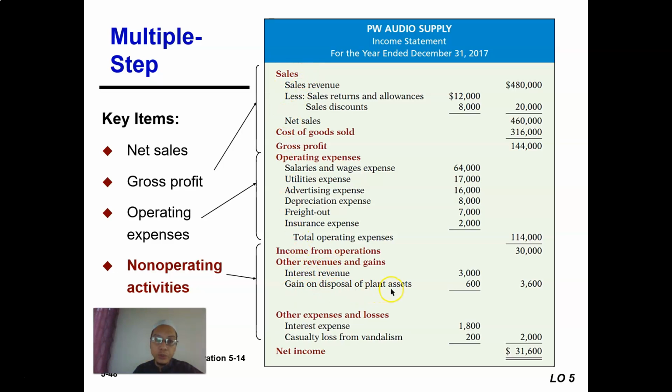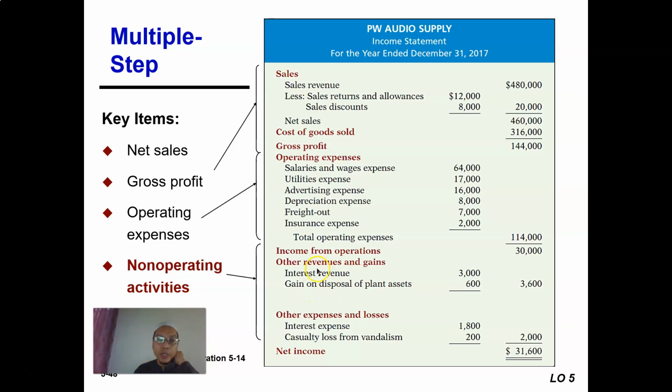And there is gain on disposal of plant assets. A company whose core business is to sell merchandise may sell off its plant assets due to, for example, downsizing, and may receive some gain, but that is not part of their core business.